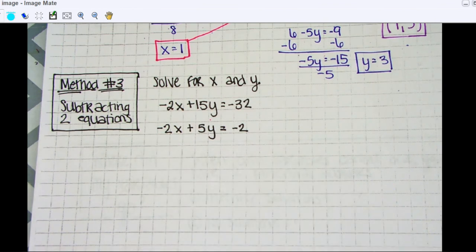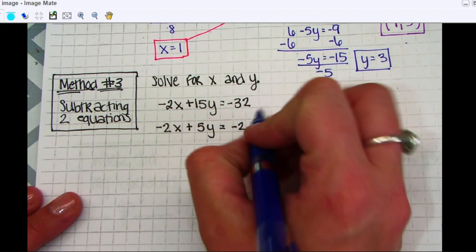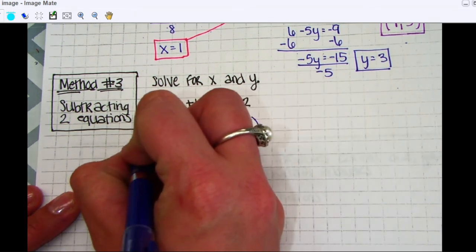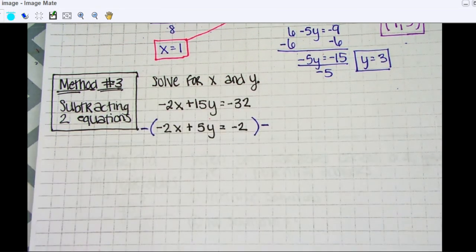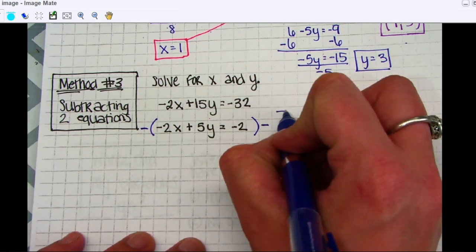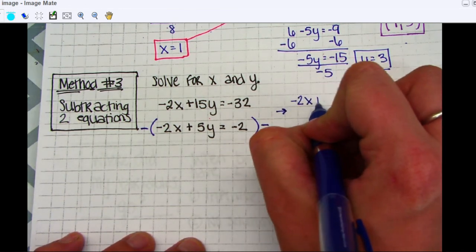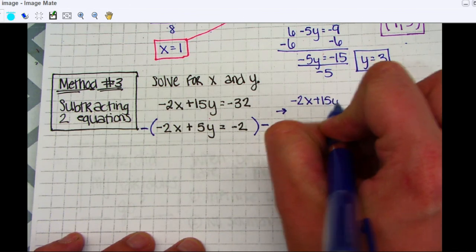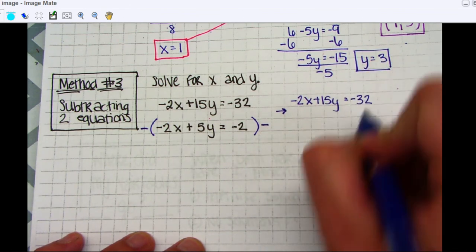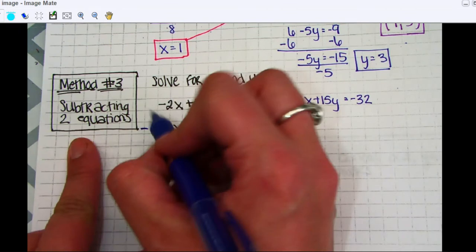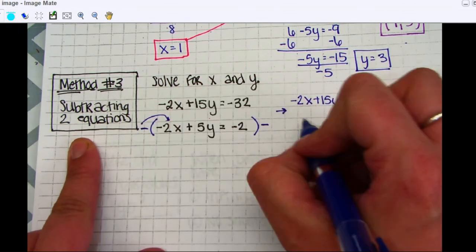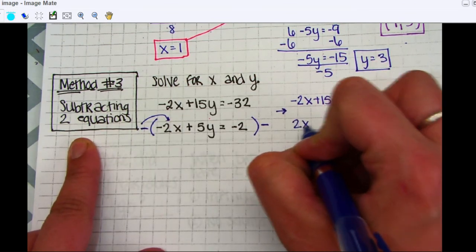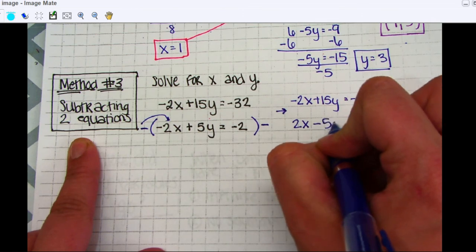subtract the equations. So when I subtract them, you're basically just distributing the negative in. You're multiplying the second equation by negative 1. So over here, I'm going to rewrite negative 2x plus 15y equals negative 32. And then as I distribute the negative, negative times negative will be positive 2x minus 5y.